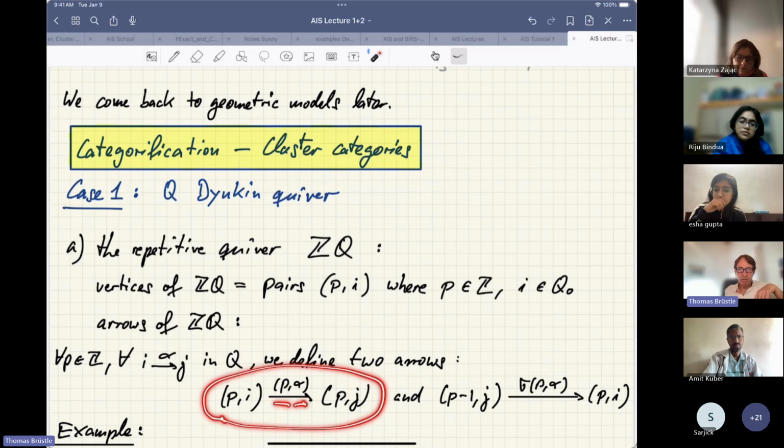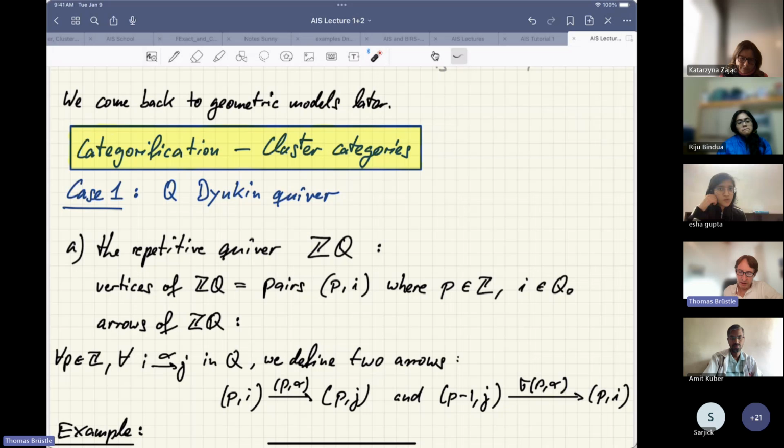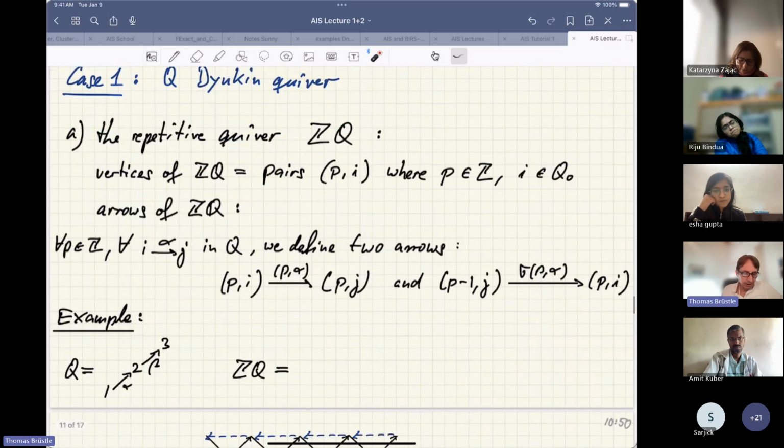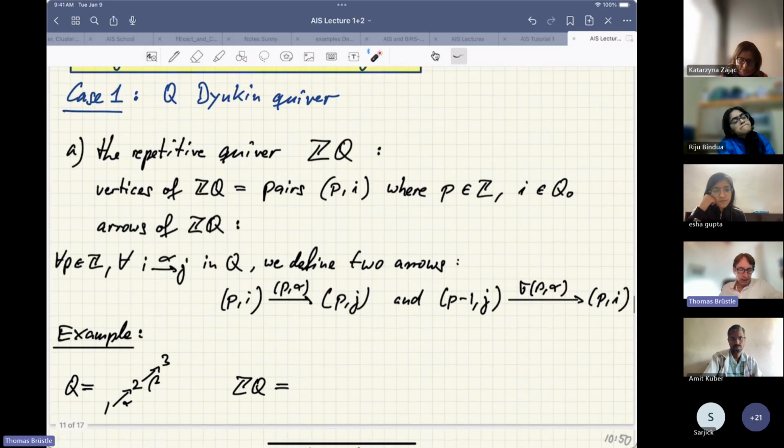And then for every such arrow, we also want another arrow which goes between the copies. So there's going to be another arrow from copy p minus 1, but I reverse the direction. So if alpha goes from i to j, I go from the copy (p minus 1, j) to the copy (p, i). So let's do this in a simple example. Can you see down here?